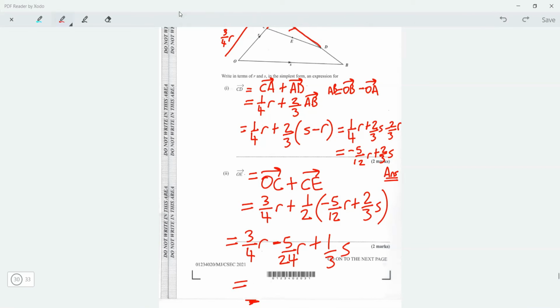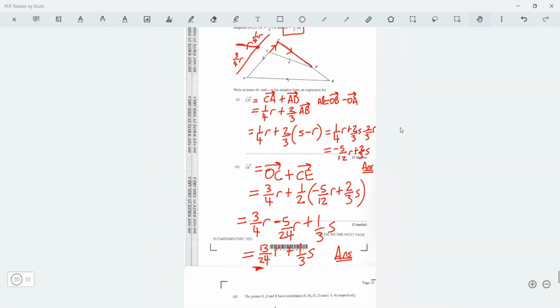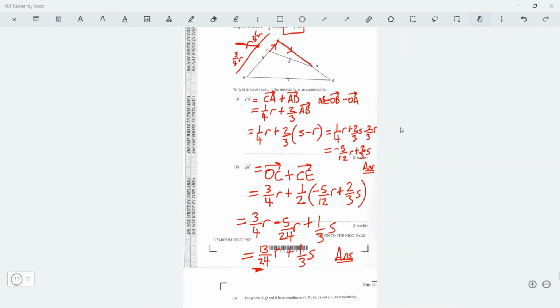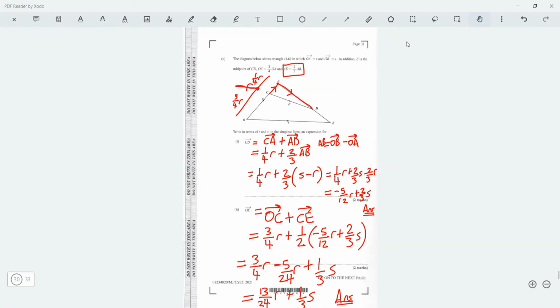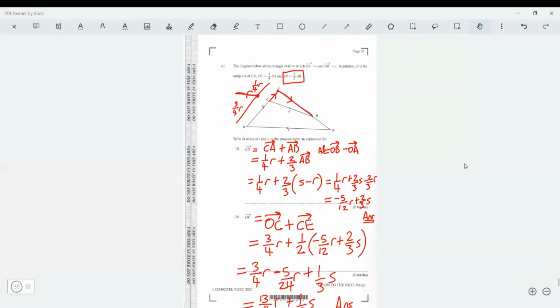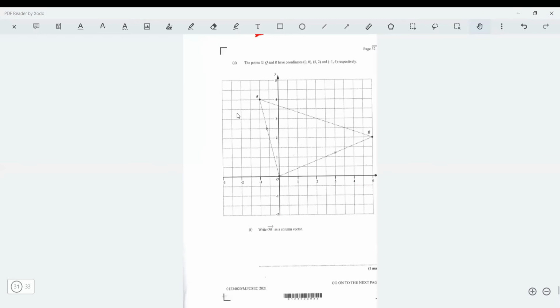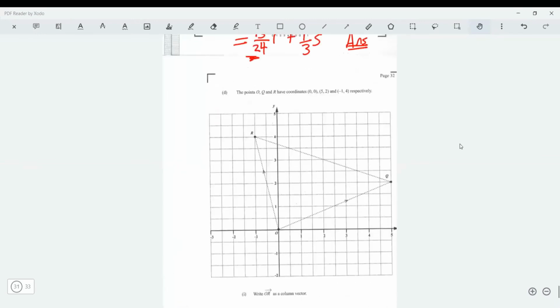Equal to, need it to look prettier, more presentable, 13/24 R, good, plus 1/3 S. That's our answer. Nice. Okay, we're almost finished.